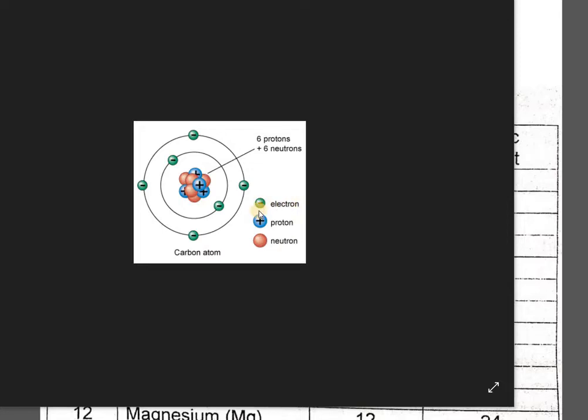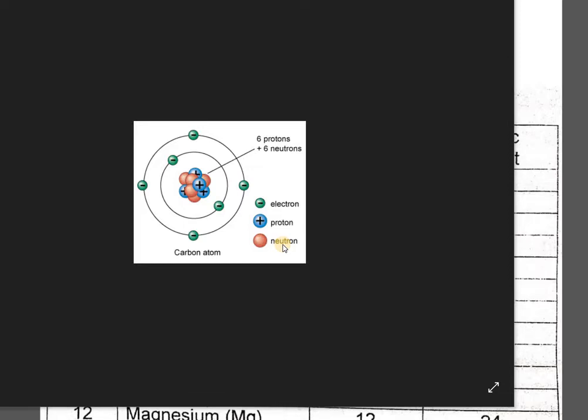As you can see, an electron is represented with a negative sign. That means an electron is a negatively charged particle. Similarly, protons are represented here with a positive charge, which means protons are positively charged particles, whereas no symbol has been indicated for the neutron, which means there is no charge on a neutron.